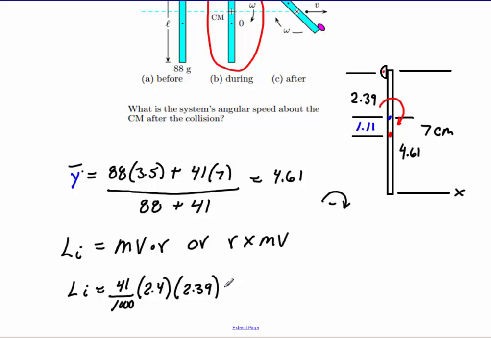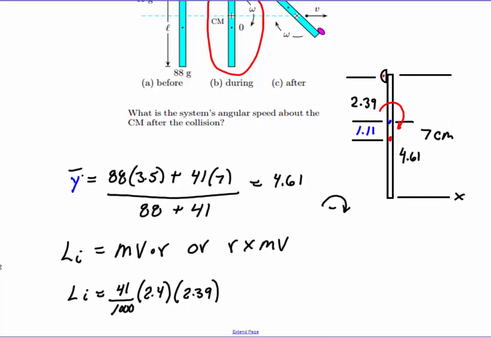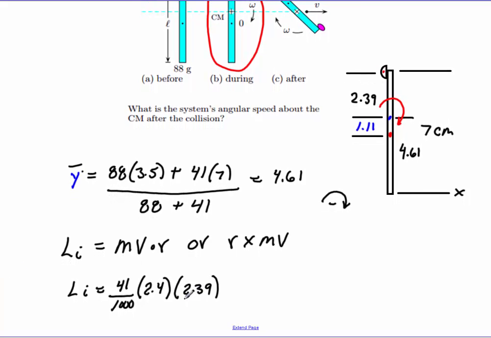What did you get? Let's see what I got here. I have mass times velocity times r, and change that to centimeters, so divide that by 100.